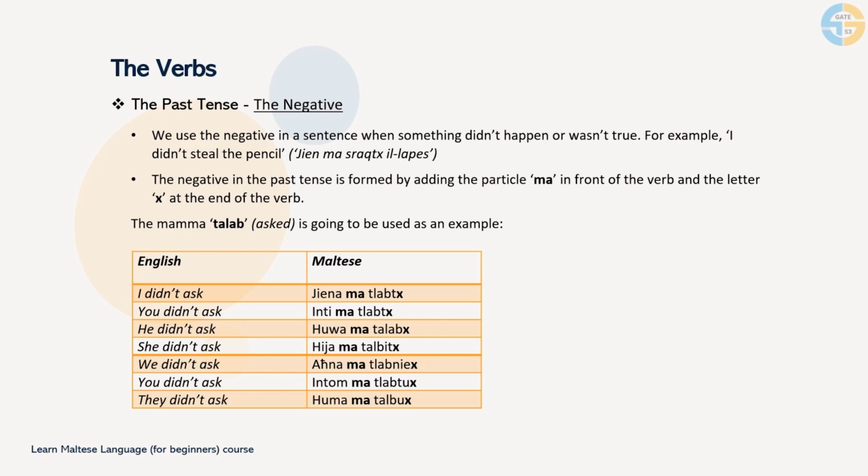Ma sraqx il-lapes. So the negative in the past tense is formed by adding the particle ma in front of the verb and the letter sh at the end of the verb. So let's see the example below. The mamma talab is going to be used as an example.